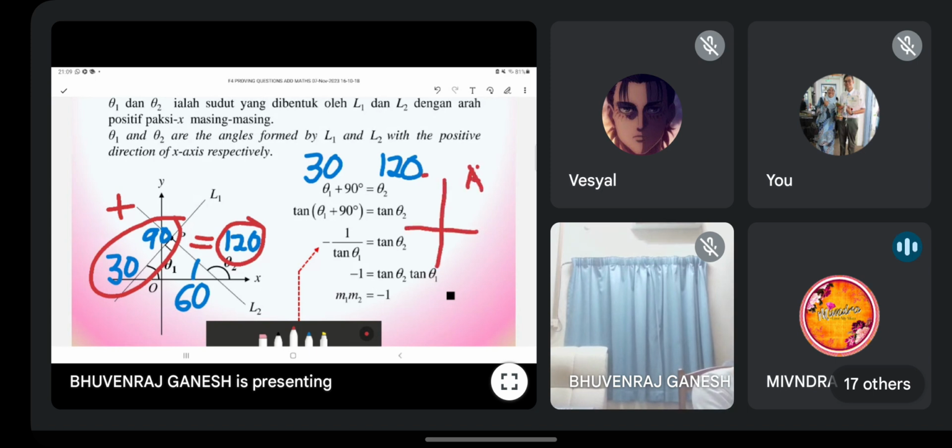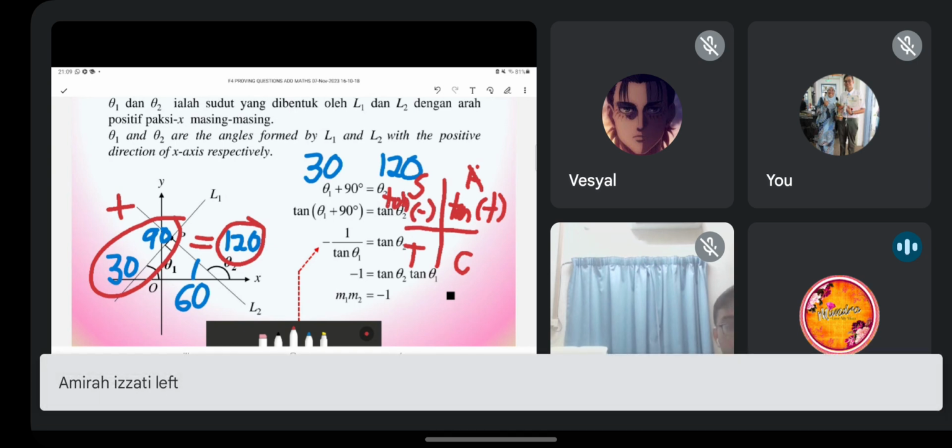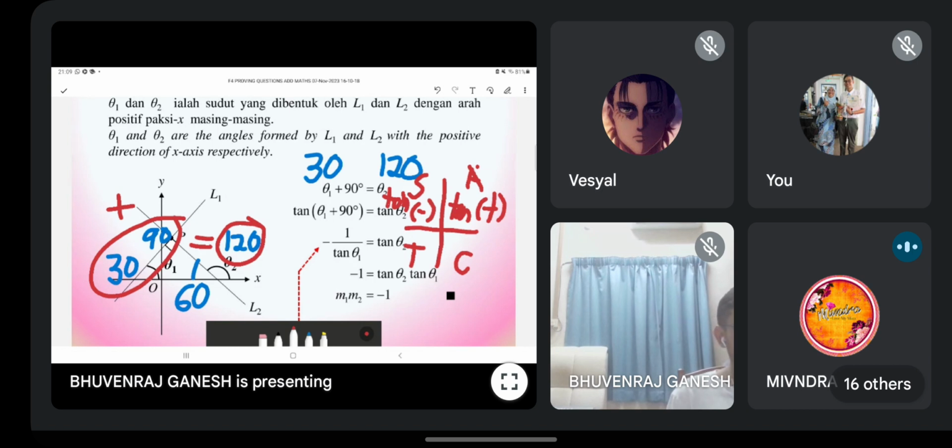So all positive, yang kat sukuan kedua sin only positive. Untuk sukuan kedua sebab theta 1 plus 90 is sudut cakar, obtuse angle. So kita guna sukuan kedua iaitu sin only positive, so tangent is negative lah.